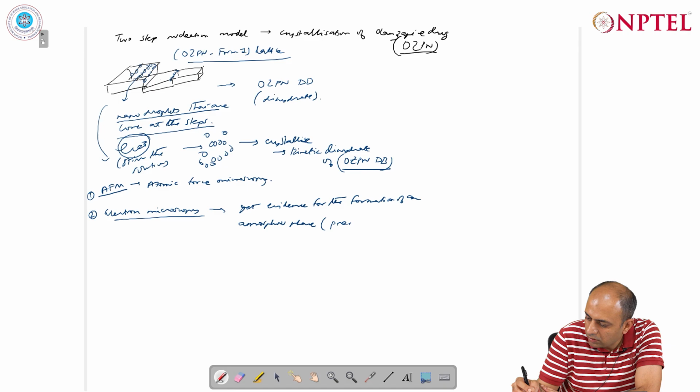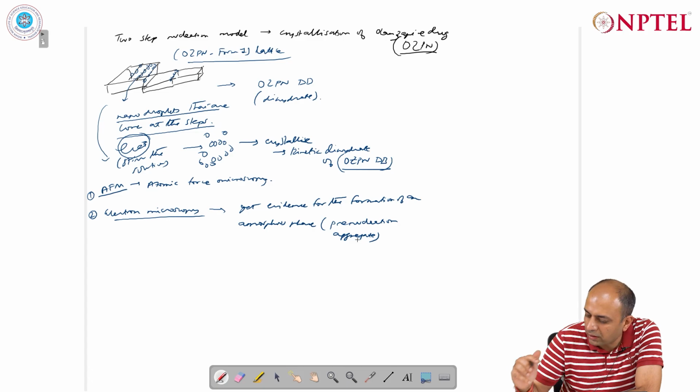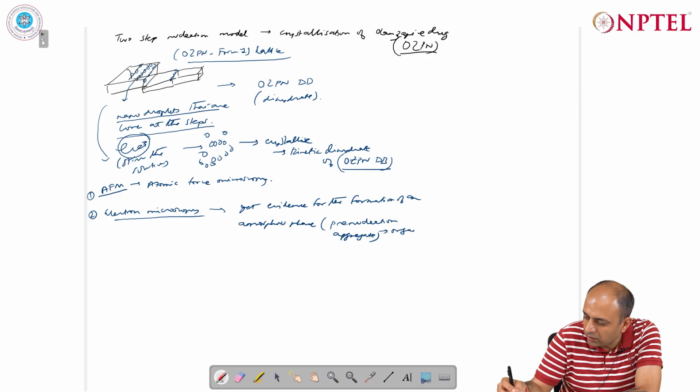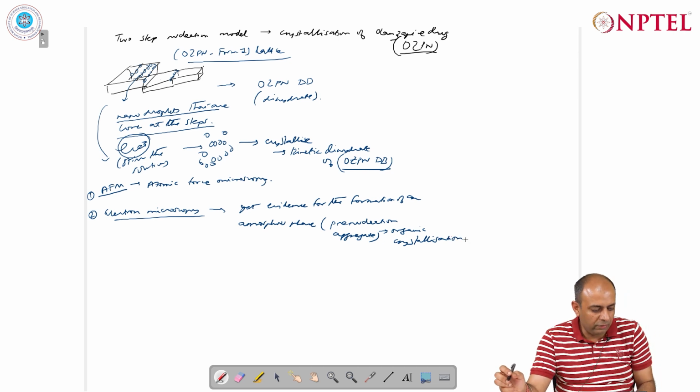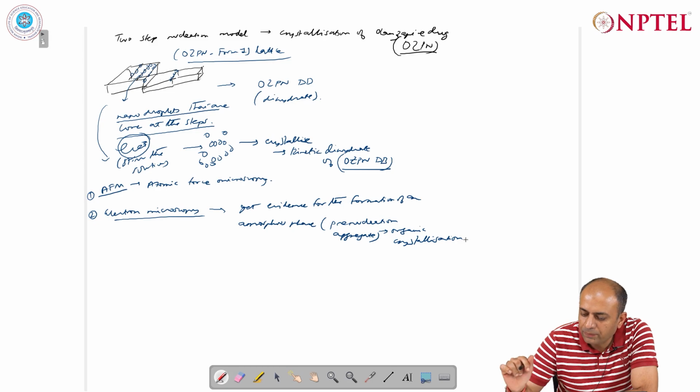That is, we call this the pre-nucleation aggregate, something which is not even nucleated, but there is some evidence of the formation of some kind of clustering of particles which do not have the necessary ordering, but are essentially amorphous in nature, and this has been observed, that is the indication of an amorphous phase during the process of crystallization of organic compounds. So, microscopic techniques have been very useful to understand and validate the two-step nucleation model.